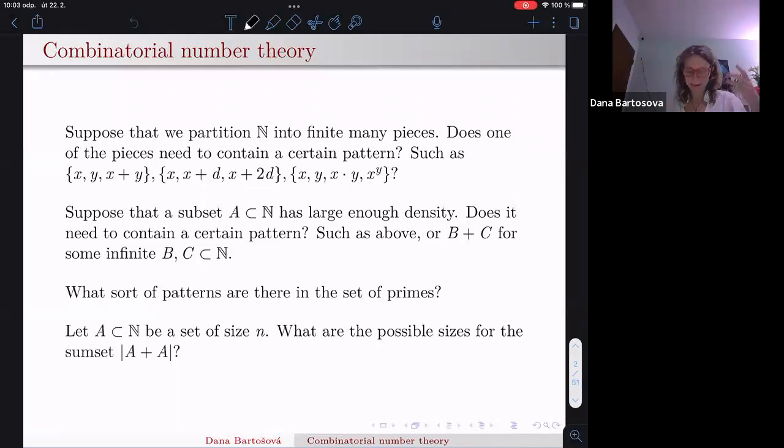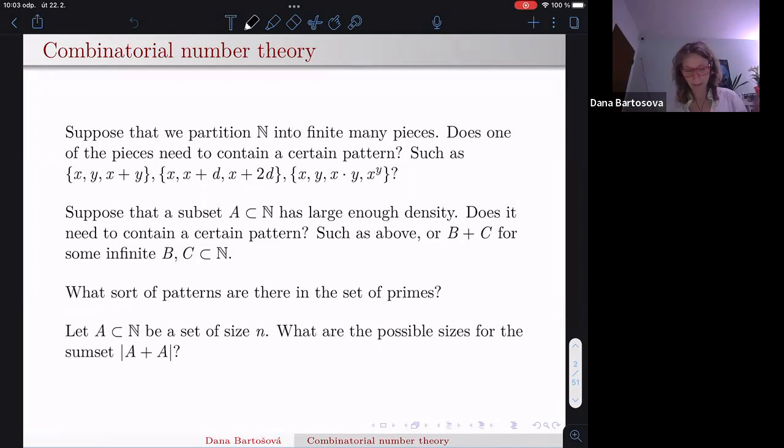So what are the problems that combinatorial number theory studies? And the cool thing is that it's really easy to say what the problems are, but not so easy to solve them. So combinatorial number theory is about finding patterns in subsets of natural numbers. So a stereotypical question is, if I partition natural numbers into finitely many pieces, is one of those pieces going to contain some prescribed pattern?